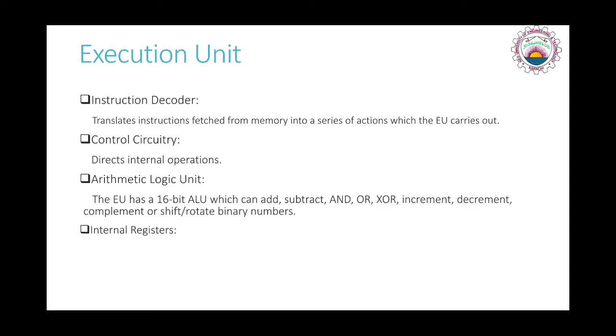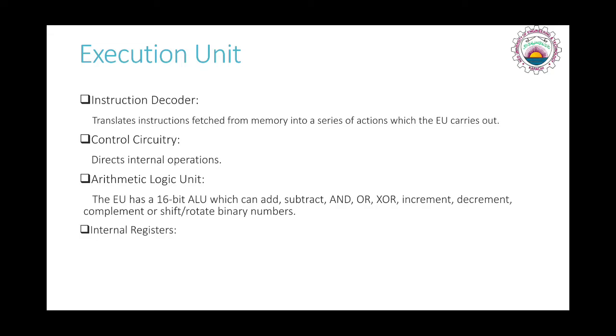So instruction decoder translates the operation codes, or you may say instruction, into a series of actions which are to be carried out by the execution unit to completely execute that instruction. Or you may say that a macro operation will be completed by following a series of micro operations by execution unit after decoding that instruction.